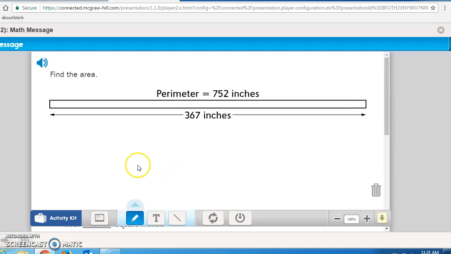Well, first, I know that my perimeter is 752. That's my total. I would need to subtract 367 because that's the length of this one side. But I also have the top side, which also is worth 367.